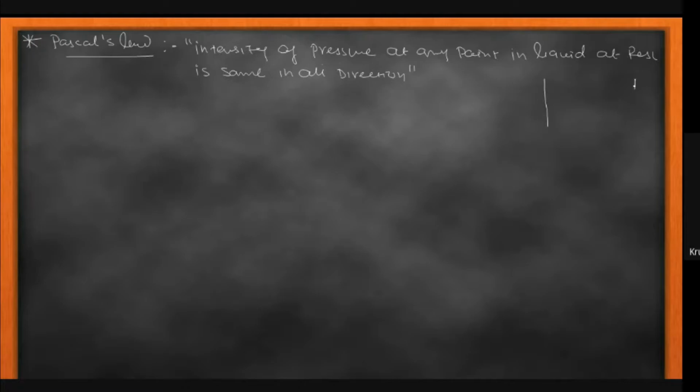Suppose I have taken this one water bath or one pan filled with water, and suppose I'm taking any point. It has directions like we have discussed about the three-dimensional. So the pressure is acting in this direction, in this direction, in any direction.